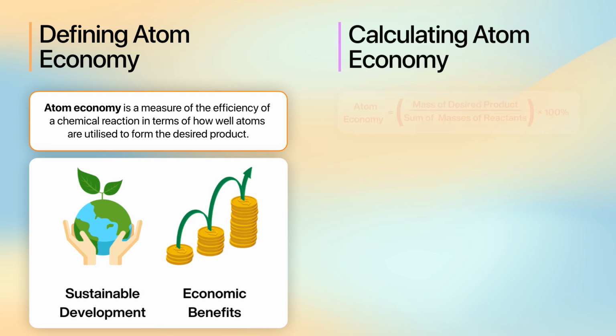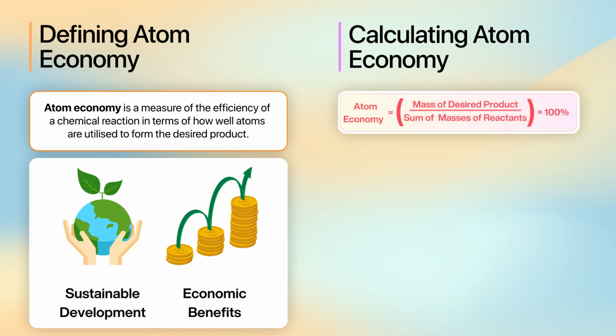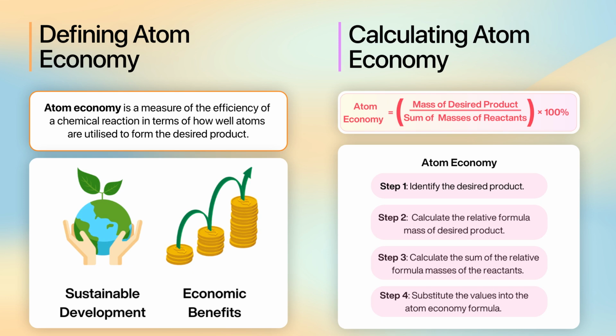We also learned the formula for calculating atom economy, and then worked through a step-by-step process of calculating it. By the end of the lesson, we had a solid grasp of what atom economy is, how to calculate it, and why it is a key consideration in modern chemistry for both environmental and economic reasons. This knowledge is fundamental as we move forward in our study of quantitative chemistry and its applications.